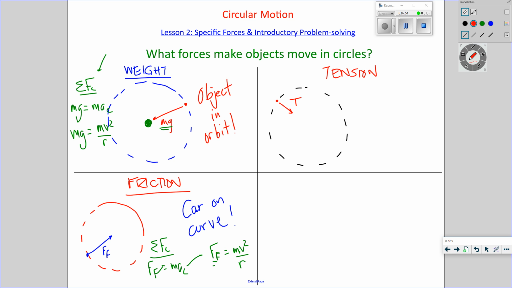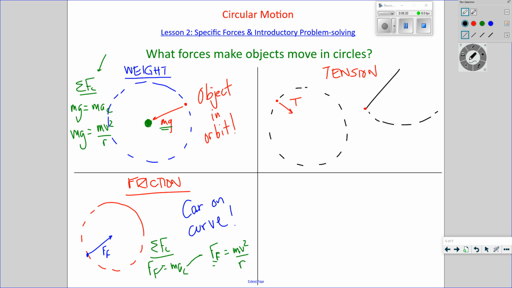How common are they? One that is pretty darn common is a swing set. Now, a swing set doesn't always move in a full circle, but when we have a chain like this, and here's the seat, and this thing can move at least in part of a circular path back and forth, the tension force is the force that's always pointing towards the center.